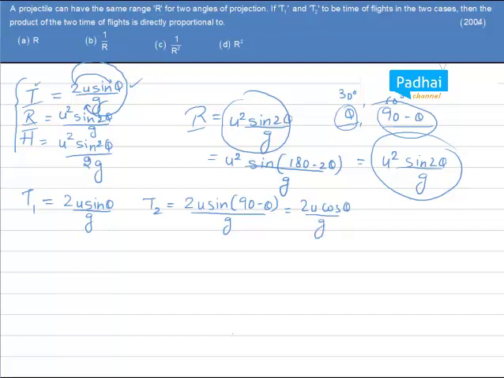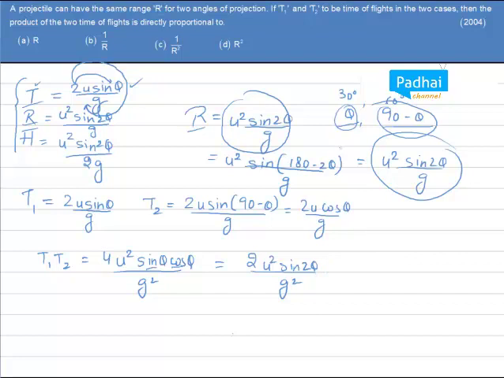Now the product of the two times of flight, T1 T2, will be equal to what? If I multiply them, it will be 4u square sine theta cos theta over g square. I can write 4 sine theta cos theta as 2 times 2 sine theta cos theta, which is sine 2 theta. So that means 2u square sine 2 theta over g square.